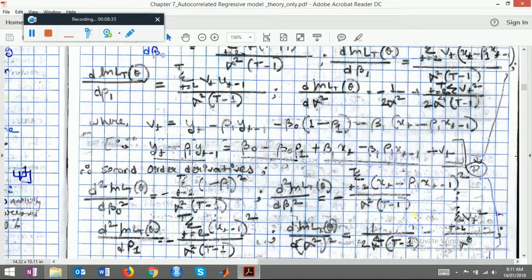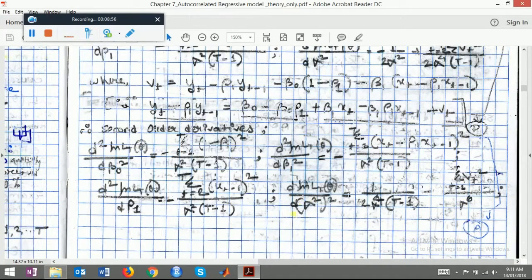So we have basically minus this one, minus vt square divided by sigma to the power 6, because sigma to the power 4 plus 2 is 6. Very simple. That's all. So this is the second order derivative.